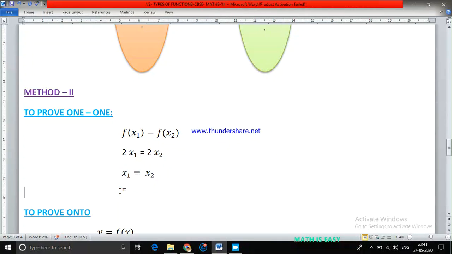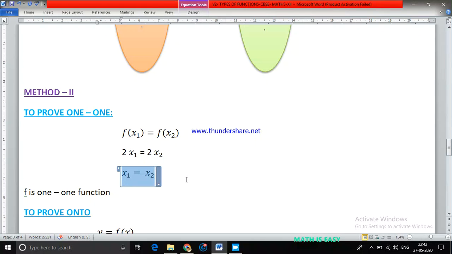Here you can write: f is a 1-1 function. Okay, therefore f is a 1-1 function. What I have taken is that images are equal, and I proved the corresponding elements are also equal.